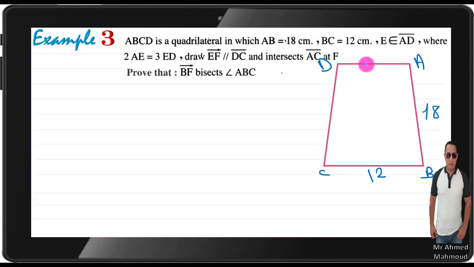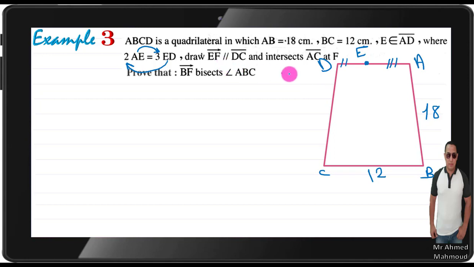E belongs to AD somewhere, where 2 AE equals 3 ED. Again, AE is 3 and ED is 2, so E is nearer to D, because AE equals 3 and ED equals 2. This is the point E.